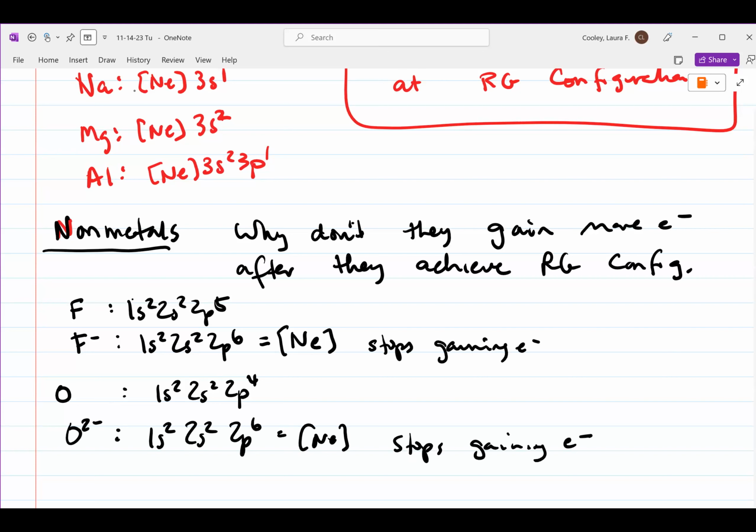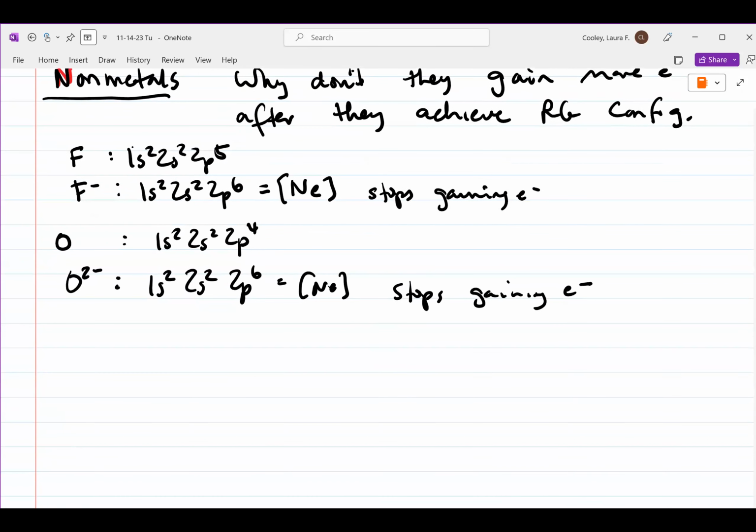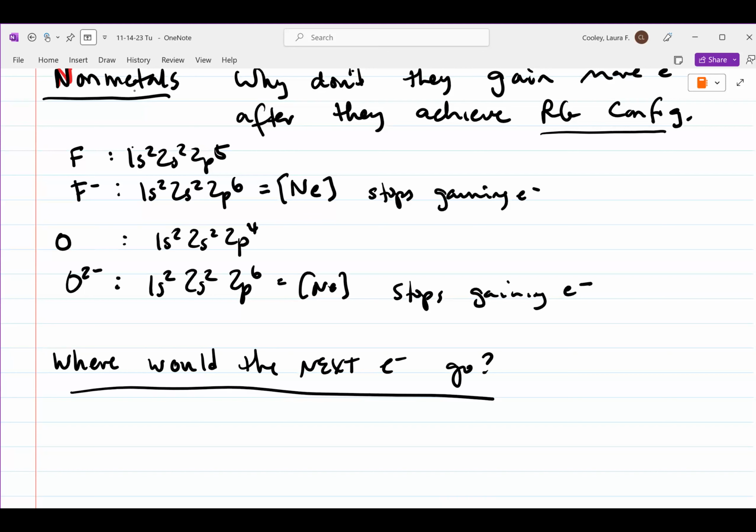So you have to think about it. After a nonmetal gains the number of electrons it needs to get the rare gas configuration, where would the next electron go? It would have to go into a shell with a higher value of n.